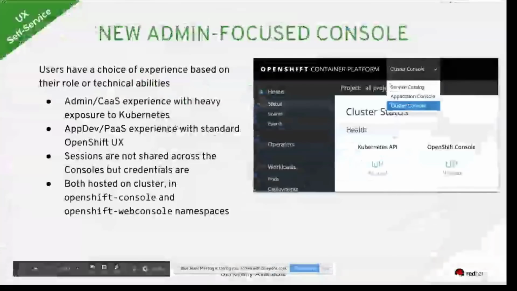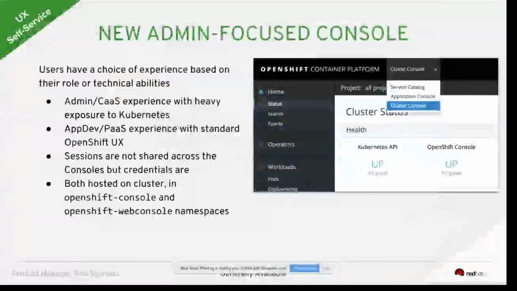All right. Hi, everybody, I'm Rob Szumski. I'm the PM for the OpenShift console, and I came over from the CoreOS team. We've got a really great set of features in our new cluster console. It's heavily focused on the persona of infrastructure admins and any shared IT team that is working on the cluster, and it exposes a lot of the CaaS, containers as a service level features.